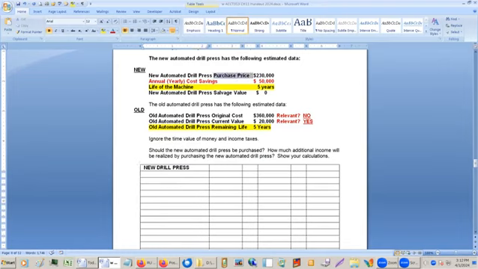The purchase price is 230,000. Is that going to be a plus or a minus as far as our cash? If we buy something, what happens to our cash? Minus, yeah. So we're going to be out 230,000.